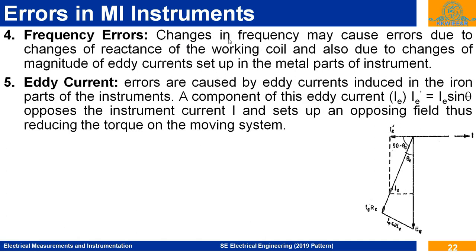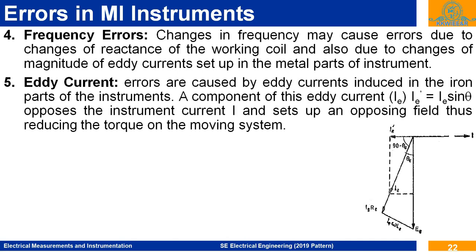Frequency error. As the frequency changes, it will cause an error due to the change in the reactance. So XL, the inductive reactance, is equal to 2 pi FL. As the frequency changes, the reactance of this coil will change.